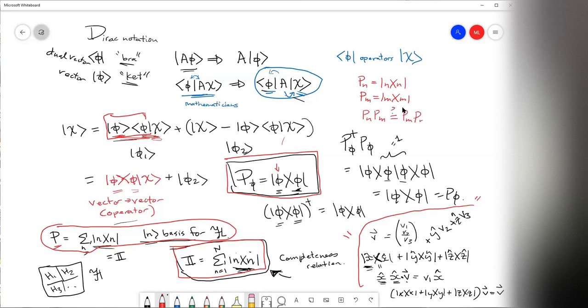Do these commute? That's something you can think about, and of course, yes, they do. Anyway, any questions about that? You'll see more of this on the homework, but the important thing to keep in mind is this completeness relation. That's important.